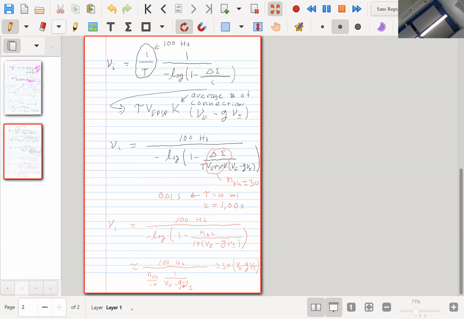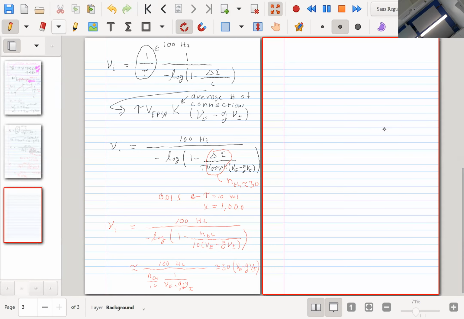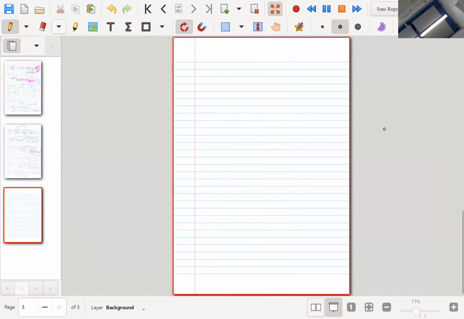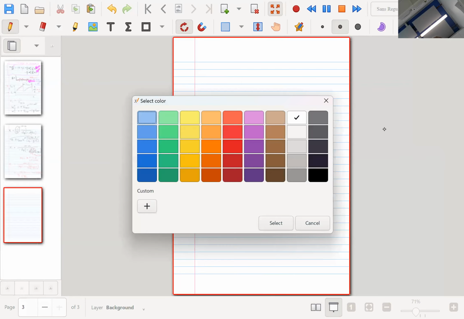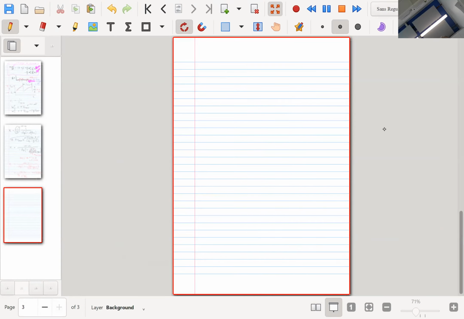Okay, so it's a very, very steep curve, and it looks something like this. If we plot on this axis nu E minus G nu I, as soon as that gets above some threshold, this goes up really fast. Okay, the firing rate of our neuron.